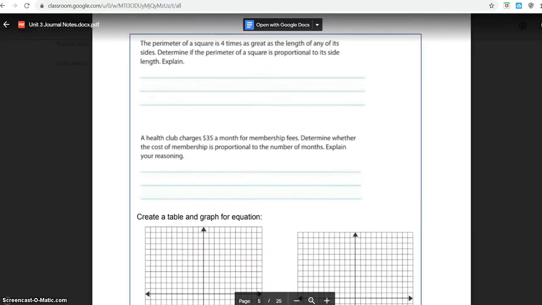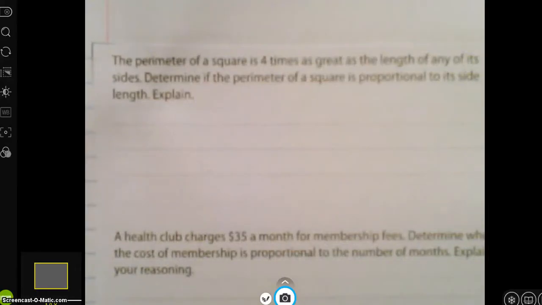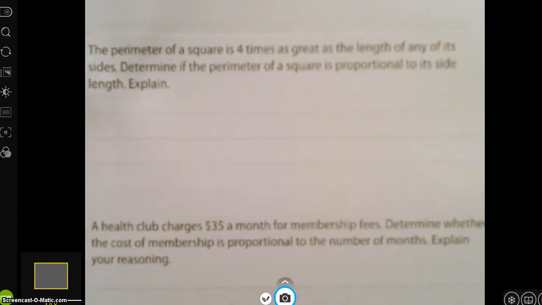So we are going to work on the first problem, and it says the perimeter of a square is 4 times as great as the length of any side. Determine if the perimeter of a square is proportional to the side length. Okay, so one more time, it says the perimeter of the square is 4 times as great as the length of any side.